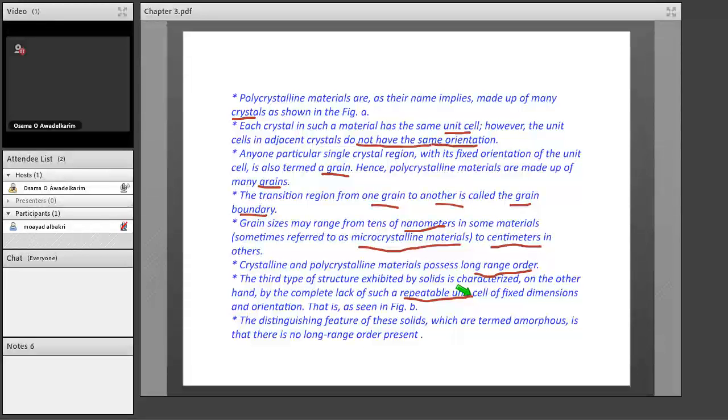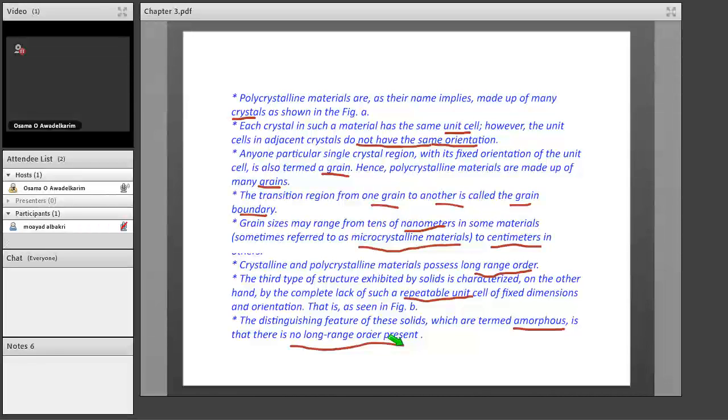So this kind of solid is called amorphous, and it has no long range order. So these are the three types of solids: solids that are single crystals, solids that are polycrystalline, and solids that are amorphous.